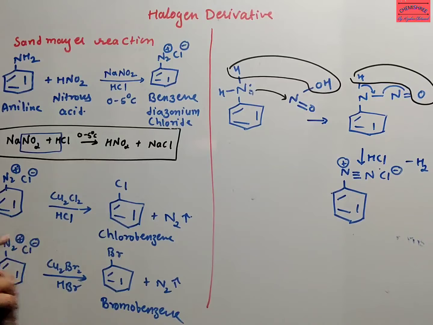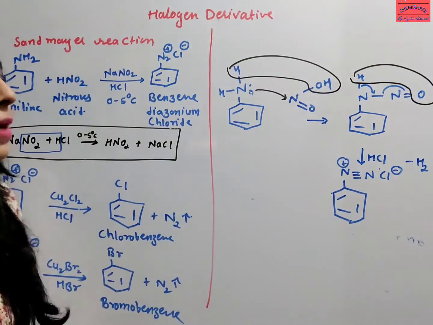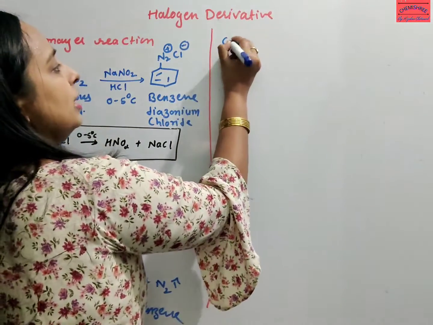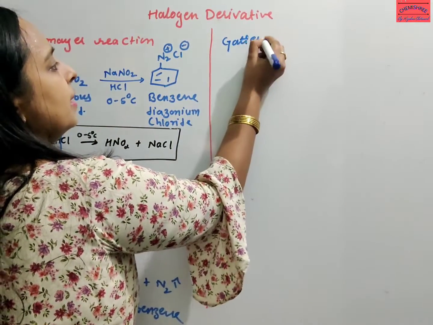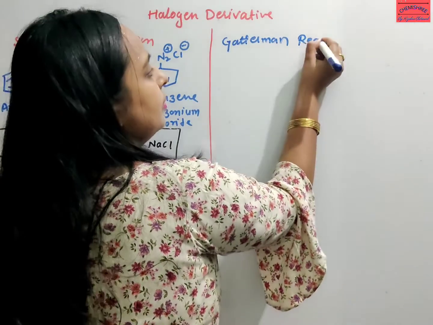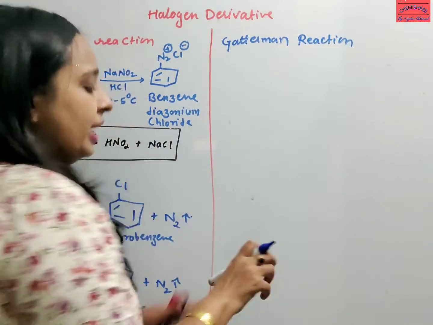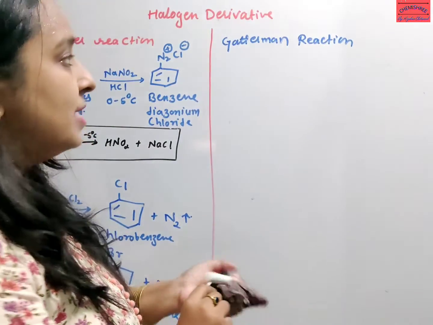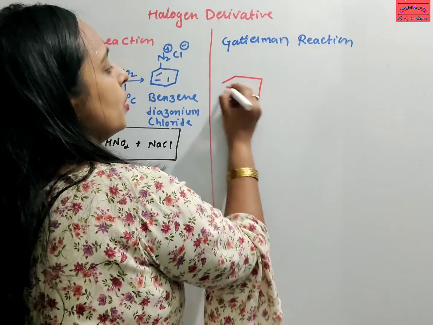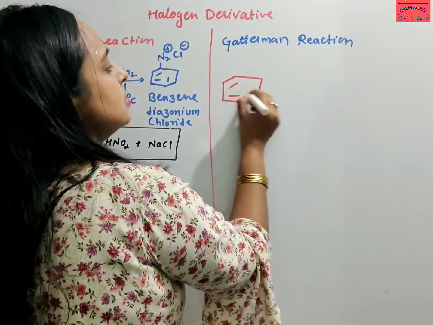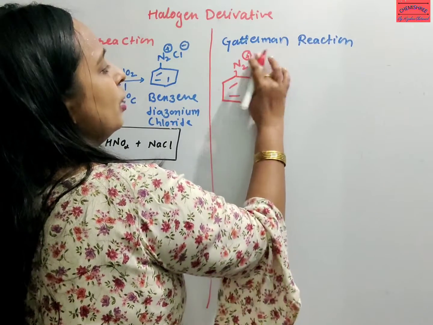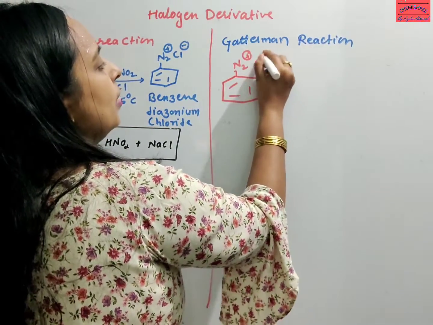This part is not there in your syllabus. I just told you how to make benzene. That is not there in your syllabus in this chapter, halogen derivative, but it is there in chapter amines, Gattermann reaction. But it is there for JEE and NEET. That's why I am writing over here. So what will happen? This benzene diazonium chloride, or benzene diazonium halide also you can take, no problem.